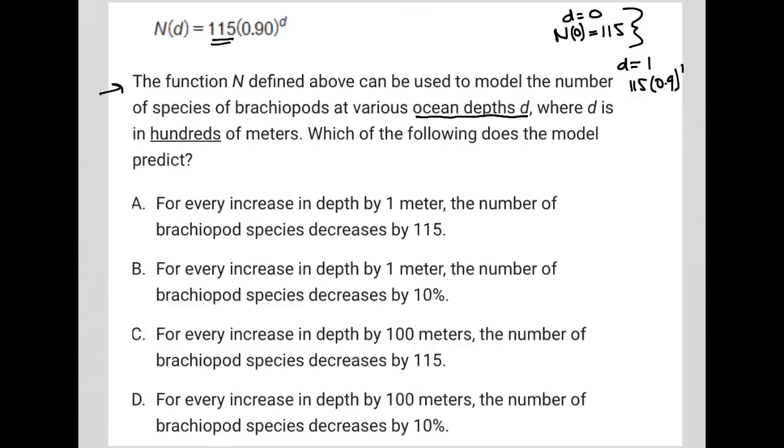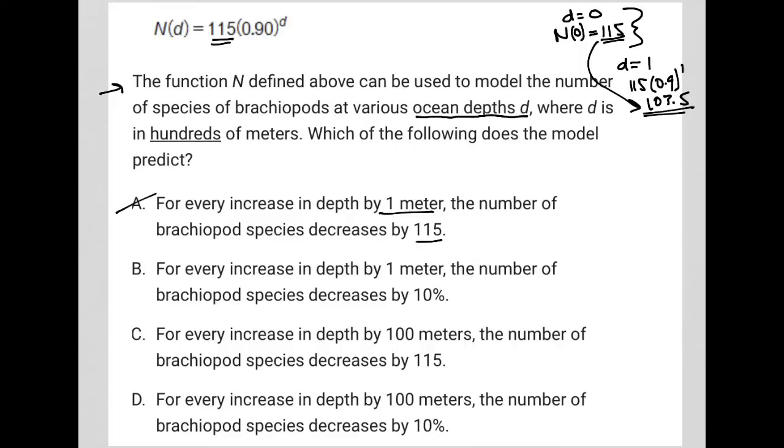Then we can go to our calculator and figure out what that is, and you see that that value is 103.5, which means that we've gone from having 115 species to 103.5 species. But choice A says the number of brachiopod species decreases by 115. So that's not true, that's not a 115 decrease. So choice A is gone.